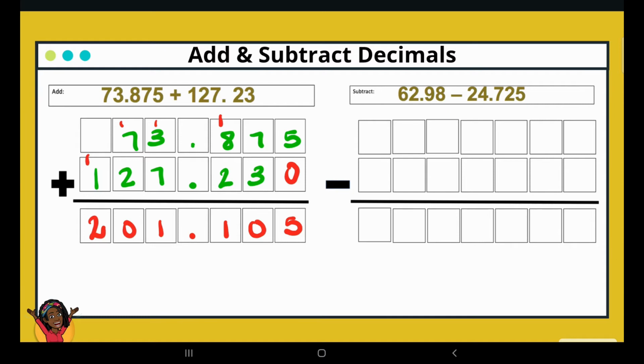We have to make sure that we're writing whichever one is listed first on top, and then the subsequent numbers below it. So I'm going to skip a space because I remember that I have 3 decimal places in my second number, and then I'm going to fill in the others. Okay, so 62.98, and then I'm going to line up that second decimal point and now plug in those numbers.